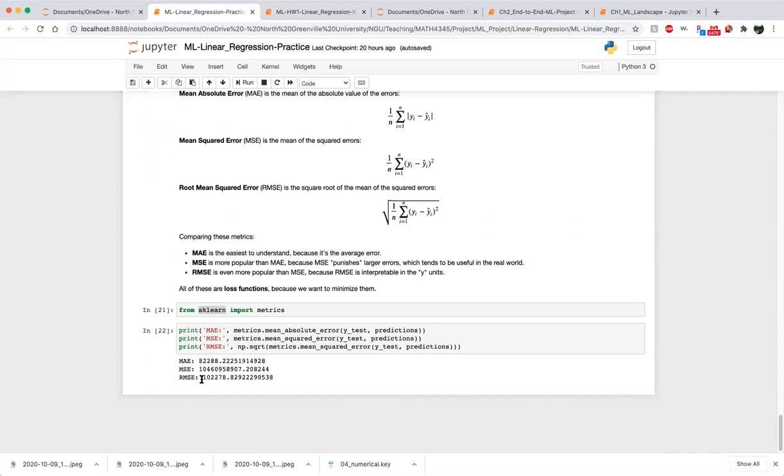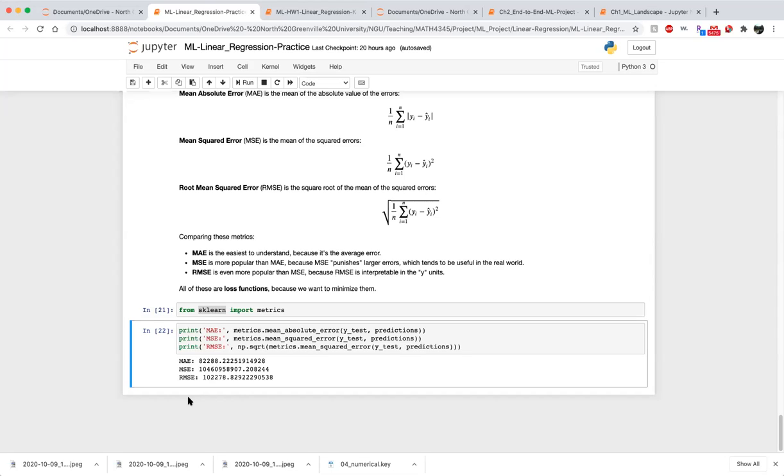I think we see 1, 2, 3, 4, 5, yeah. So this is less than the standard deviation of price. But actually, think about this. The price of houses is normally in the millions, right? But the RMSE is just 102,278. So it's not that big.